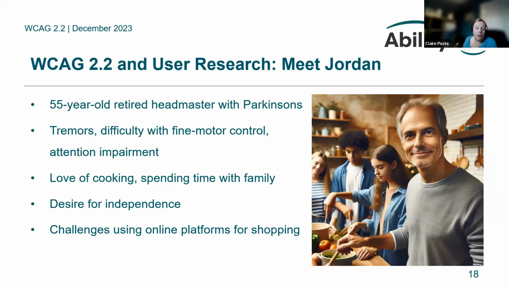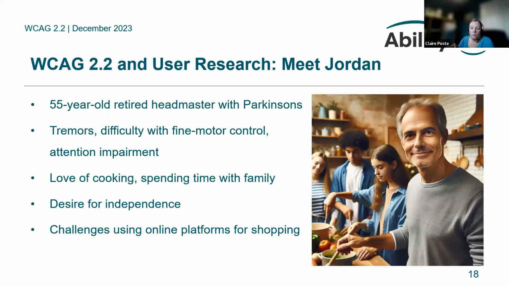Talking about redundant entry and accessible authentication, together with his problems with his fine motor control, and also with his memory becoming less reliable, and also having an attention impairment, means that with redundant entry, he doesn't have to go through the physical and mental effort of entering information twice.